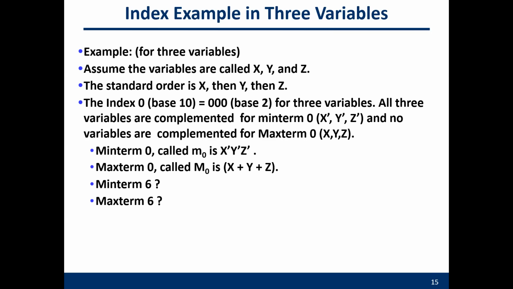The binary form of 6 is 1, 1, 0. So if the binary representation is 1, 1, 0, then the minterm is x, y, and z bar.